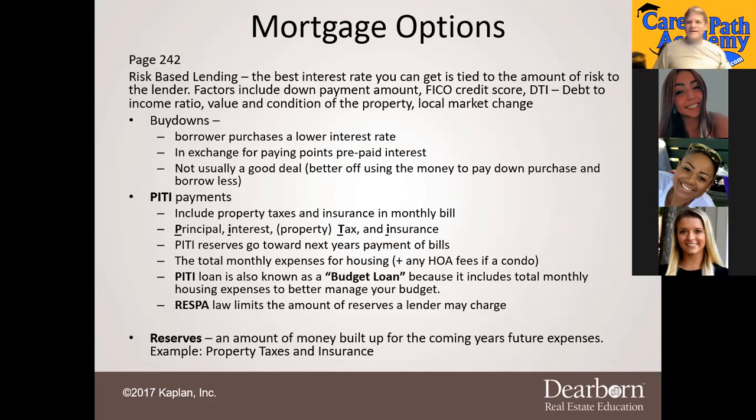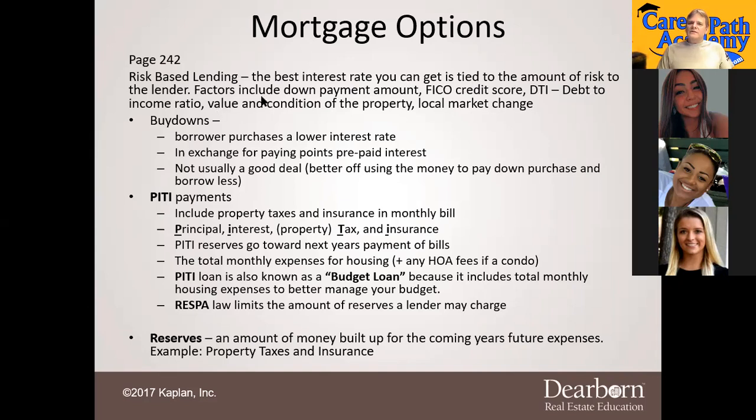Okay. So technically it's not false advertising if you meet all the qualifications. That's why they usually also say "to those who qualify," right? So it's called risk-based lending for a reason. The best interest rates you can get are tied to the amount of risk to the lender.